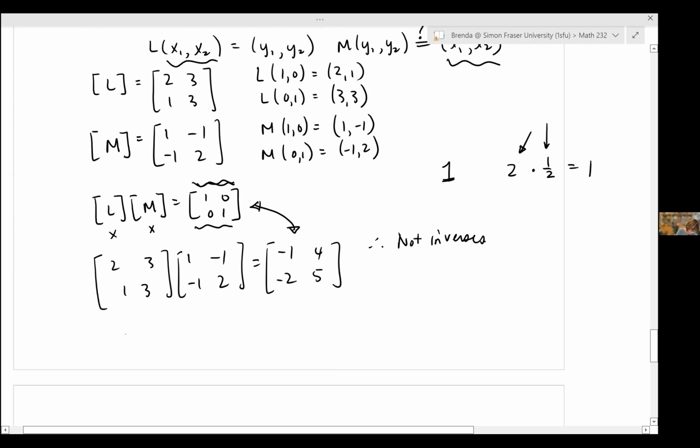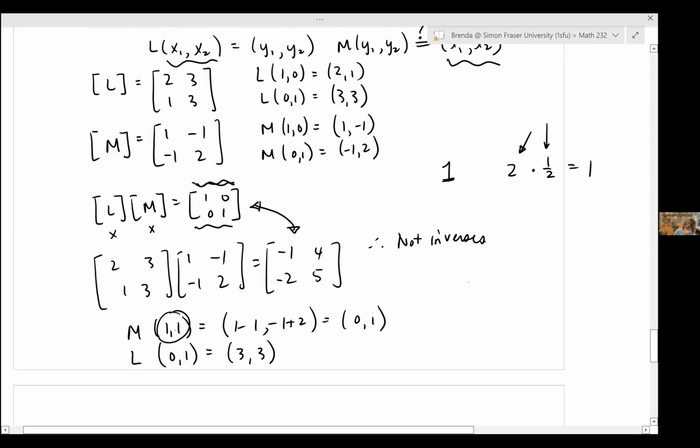Allow me to take the transformation of 1, 1 under M, and I get 1 minus 1 and -1 plus 2, and that works out to be 0, 1. Now let me take the transformation of 0, 1 under L, and I get 3, 3. So I didn't get back to 1, 1.